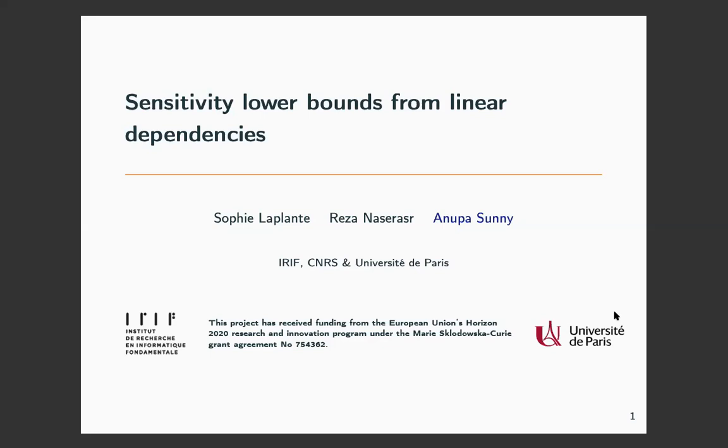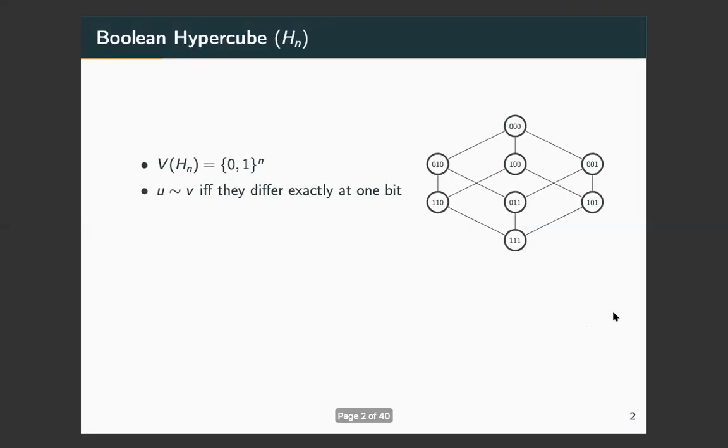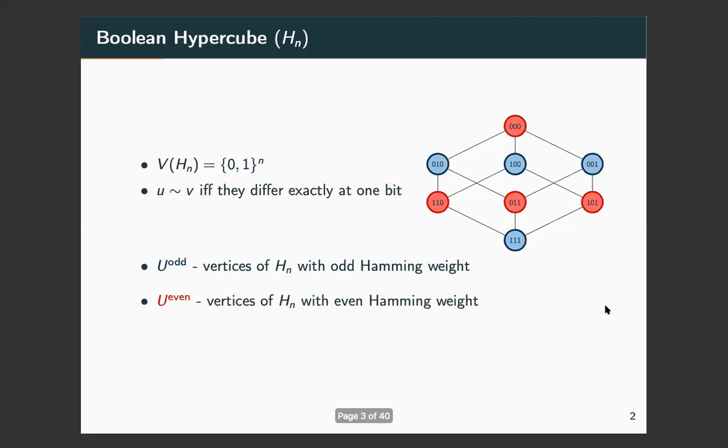We will start with a few definitions that will be useful in this talk. A Boolean hypercube, or Hn, has as its vertices n-bit strings. Two vertices u and v are connected to each other if and only if they differ at exactly 1 bit.